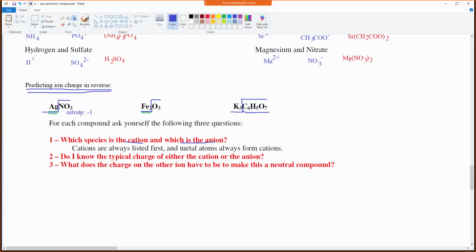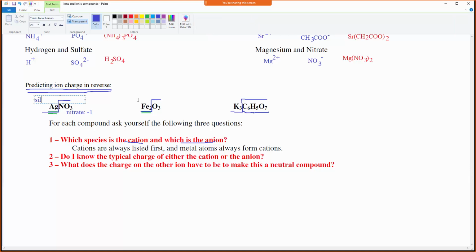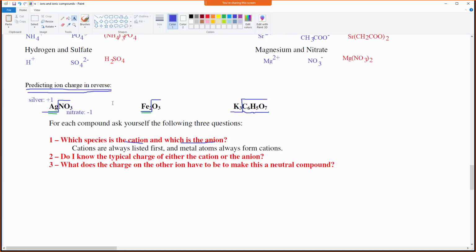If nitrate has a charge of -1, and I know that this ionic compound, by definition, has to be neutral, and I only have one nitrate listed here, then what must the charge on that silver be in order to cancel out the charges? Perfect, Nicole. This is the silver ion with a charge of +1. Has to be +1 to cancel out the -1 from the nitrate. Does that make sense?